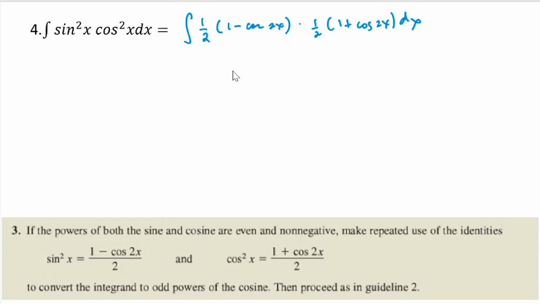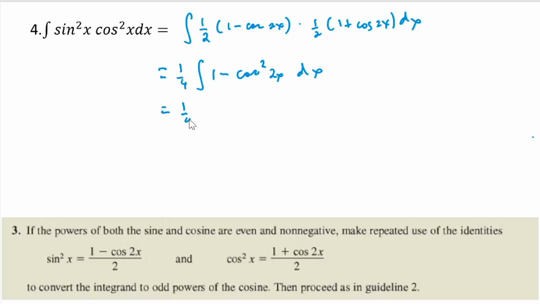Multiplying the two terms, the numerical coefficient is 1/4 times the integral of the product of 1 minus cosine 2x times 1 plus cosine 2x. So that will give us the product of 1 minus cosine squared 2x dx.